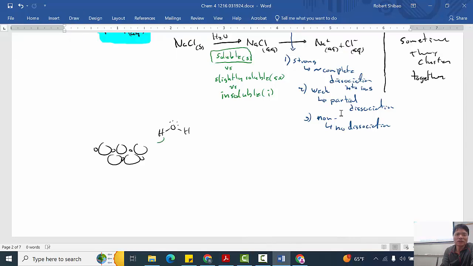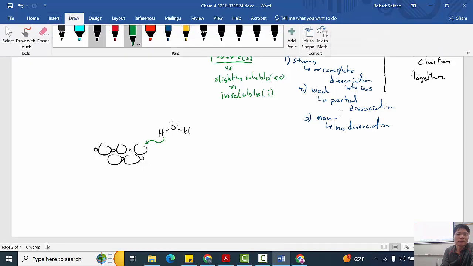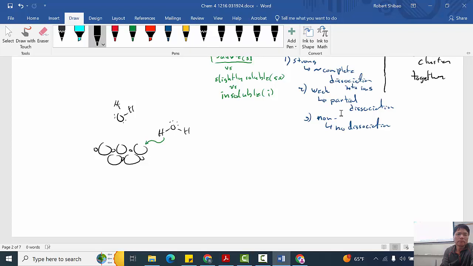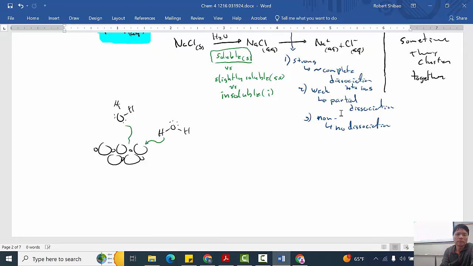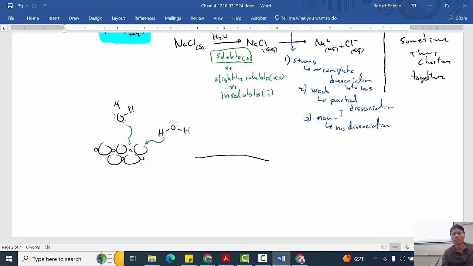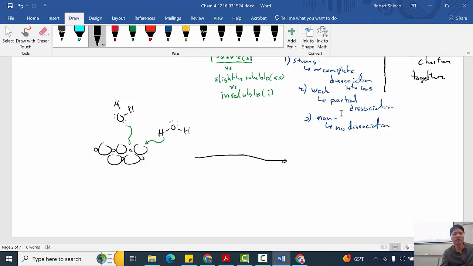The water molecules themselves have a charge associated with them, so the oxygen end of water is tugging on the sodium ions, and the hydrogen end of water is tugging on the chloride, and eventually it breaks apart the lattice. And when it breaks apart the lattice, we end up with the free ions.